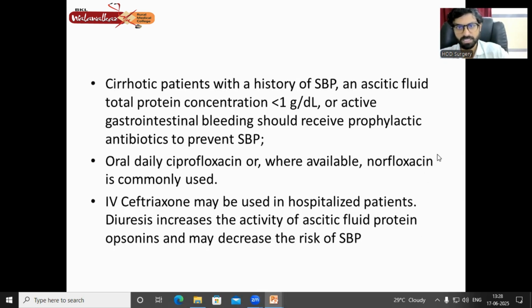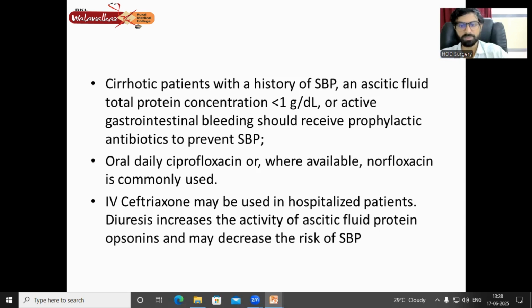Cirrhotic patients with a history of SBP, an ascitic fluid total protein concentration of less than 1 gram per deciliter, or active GI bleeding should receive prophylactic antibiotics to prevent SBP. Oral daily ciprofloxacin is usually used where available, and norfloxacin can also be used.